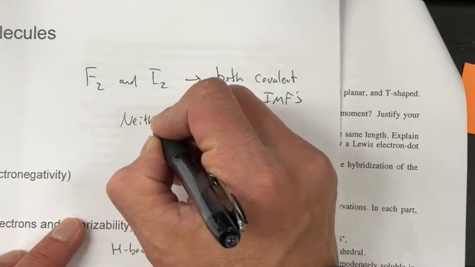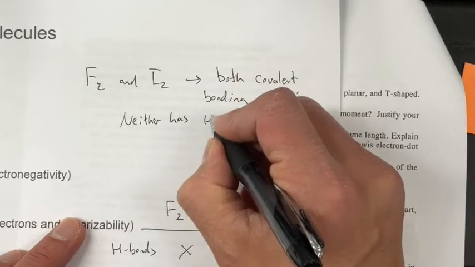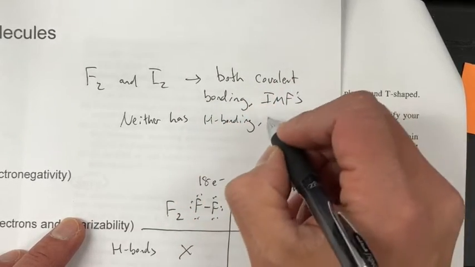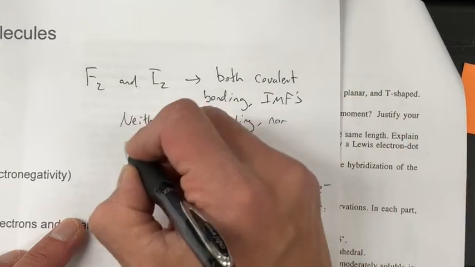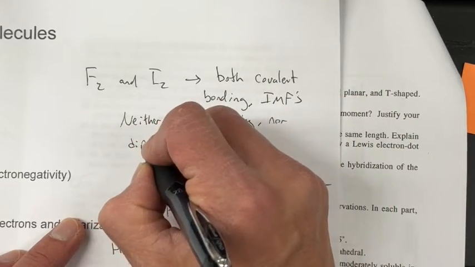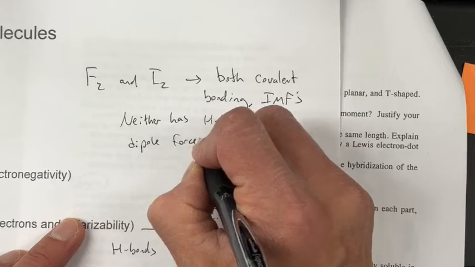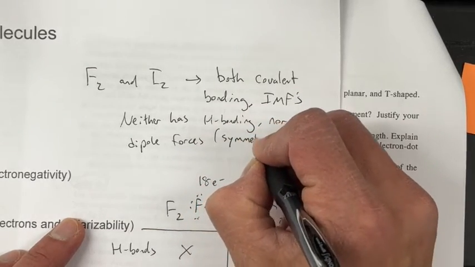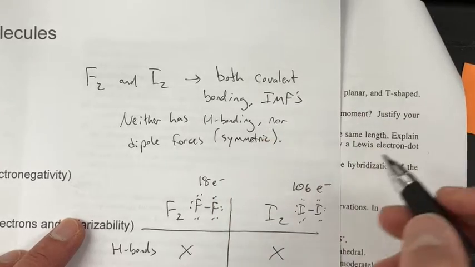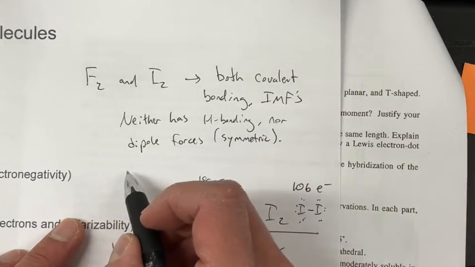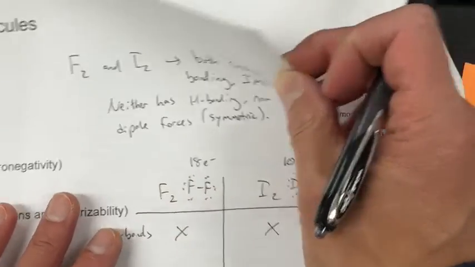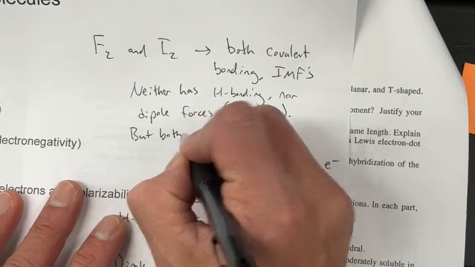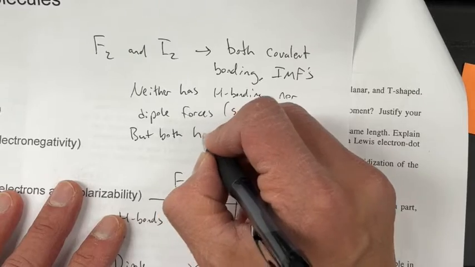Neither has H bonding, there are no H's, nor dipoles. Then we can say they're symmetric. But they do have London forces. Both have London forces.